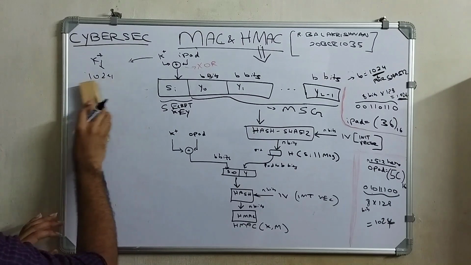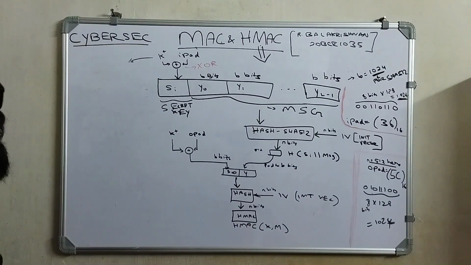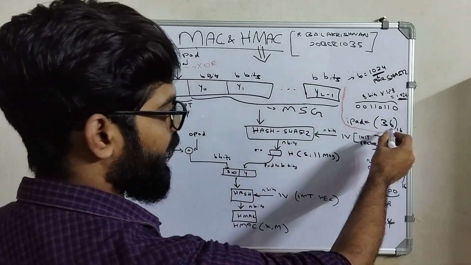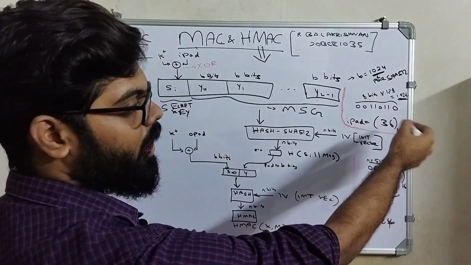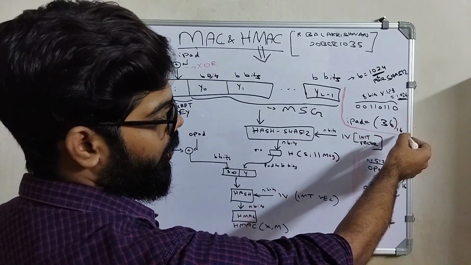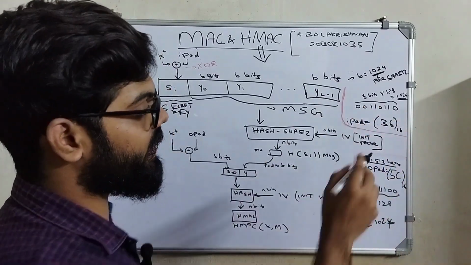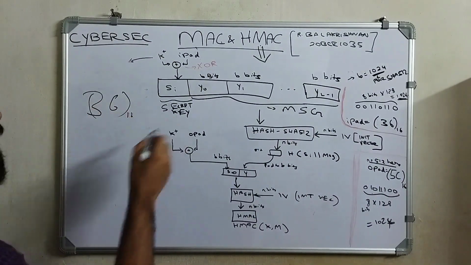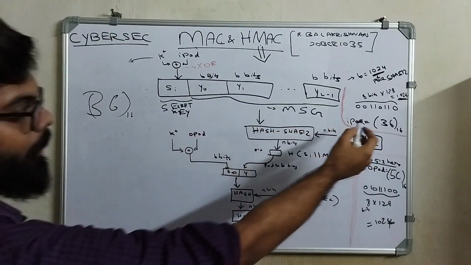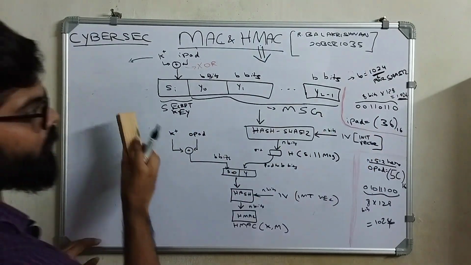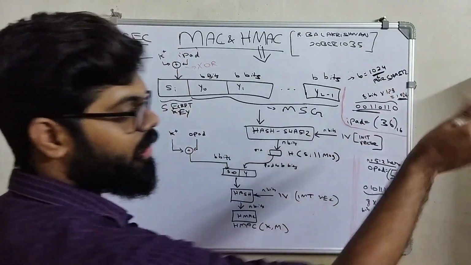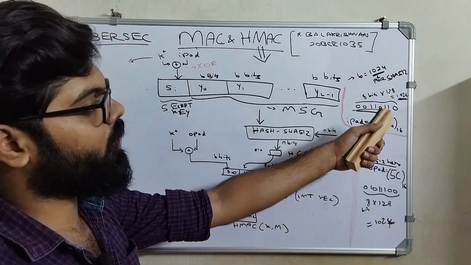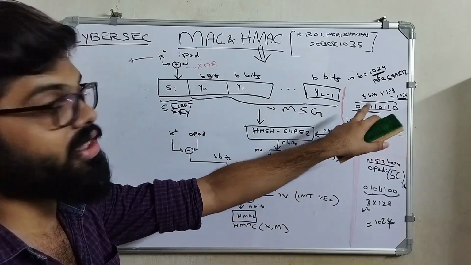Now, what is ipad? ipad is nothing but a value, 36 in hexadecimal, which is base 16. When we open it, it will come as this value, 00111100, which is 8 bits.